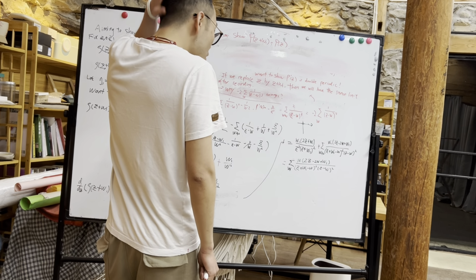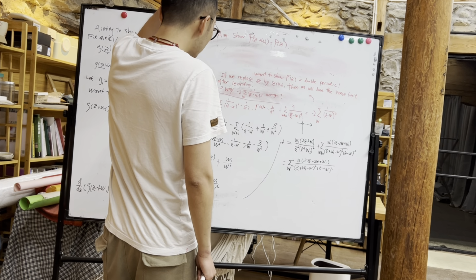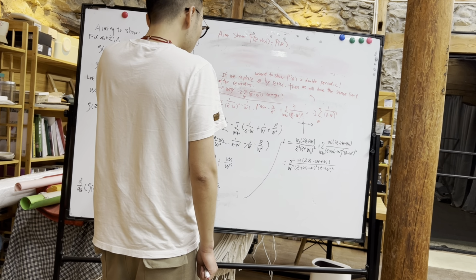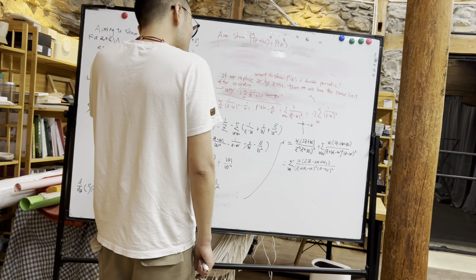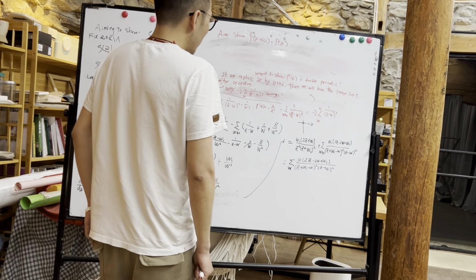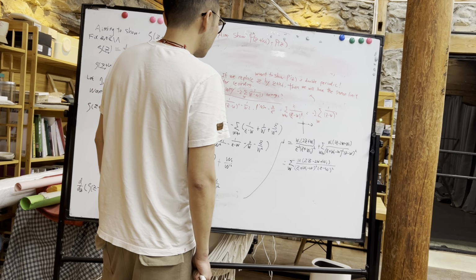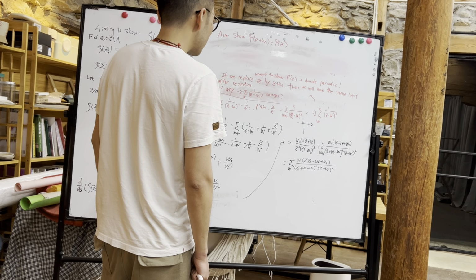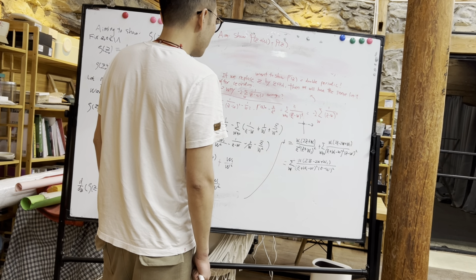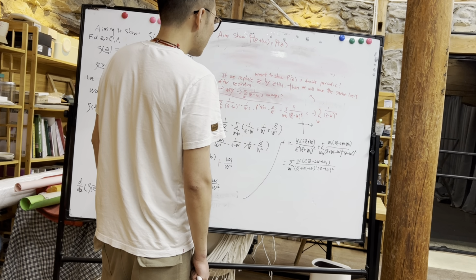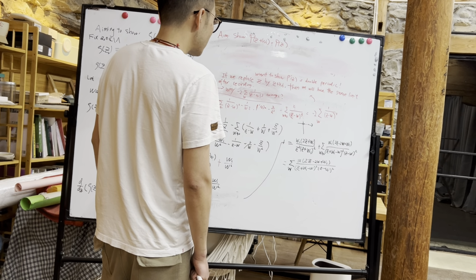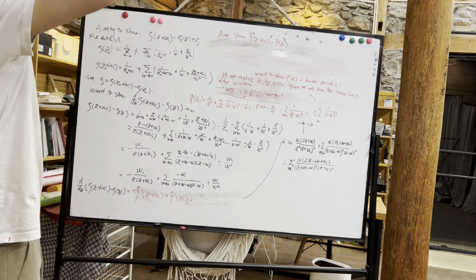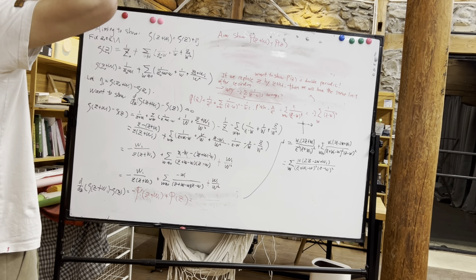Wait. I should show p prime of z equal to 0, right? So if z equal to 0, p prime of z, what is p prime of z though?